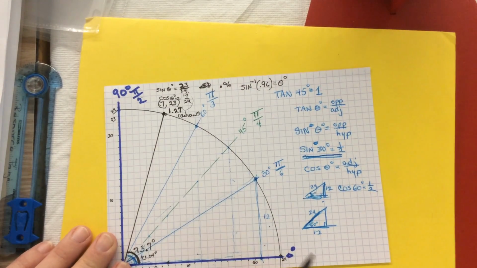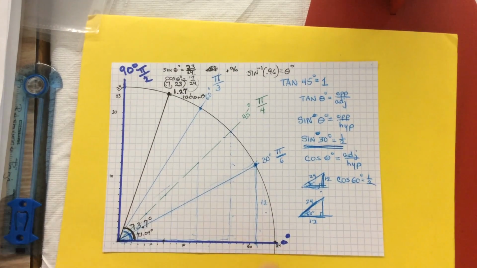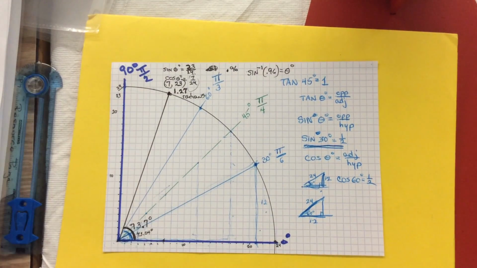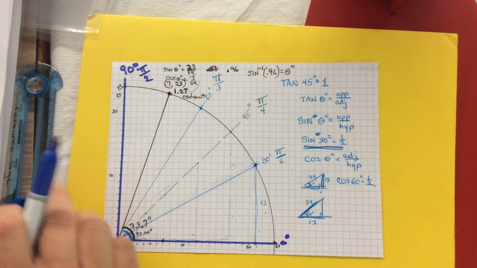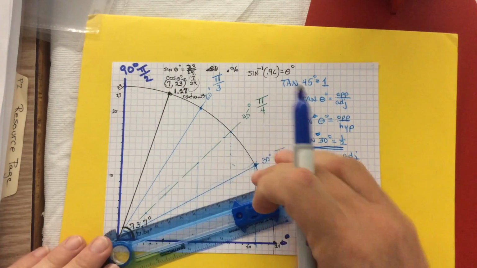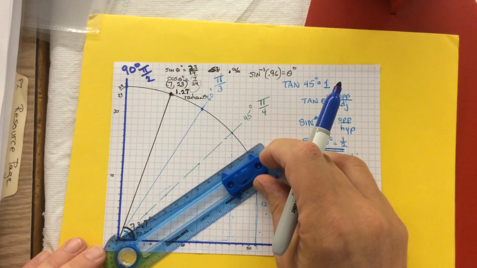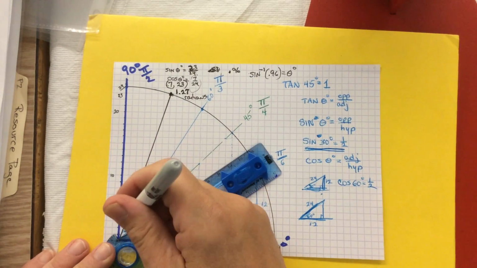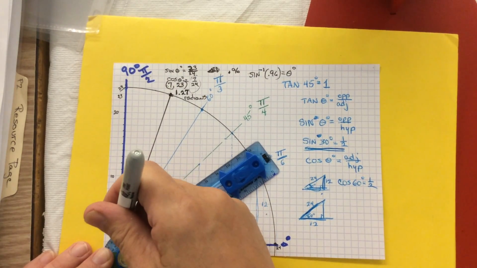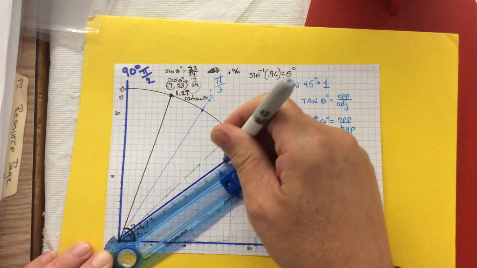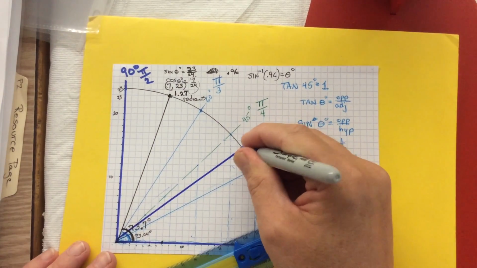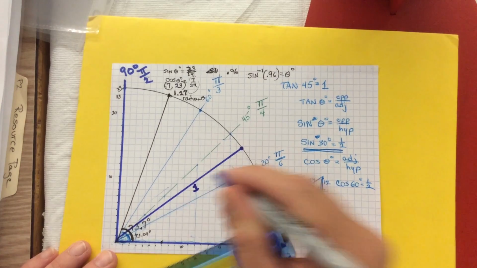Now here's the final coup de grace, the exciting moment of everything. Let's assume for a minute that I was talking about a unit circle and that the distance from here to here, whatever this is right here, this distance is 1.